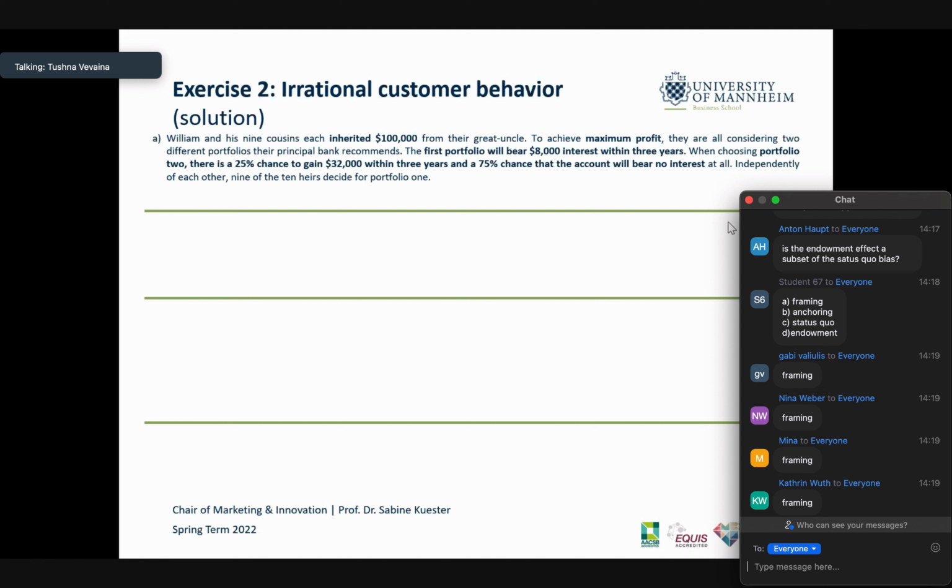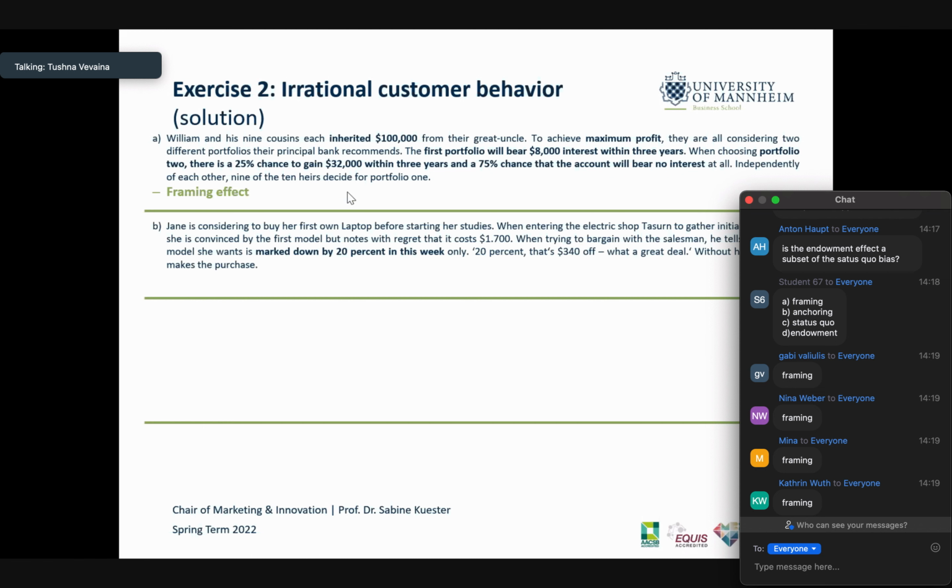So for example, 9 out of 10 heirs would go for one because they don't want to take a risk. With respect to risk attitudes, normally people are risk averse, so only one would choose option B, even though the expected value is the same.